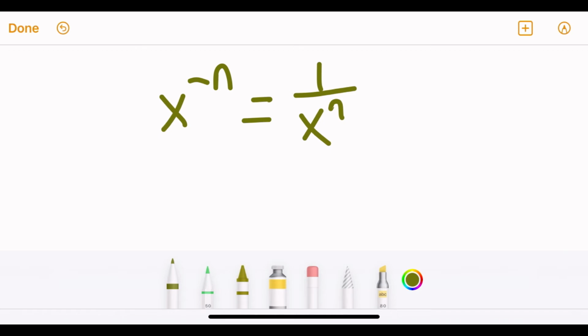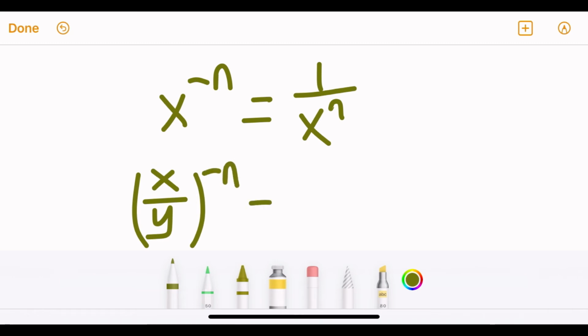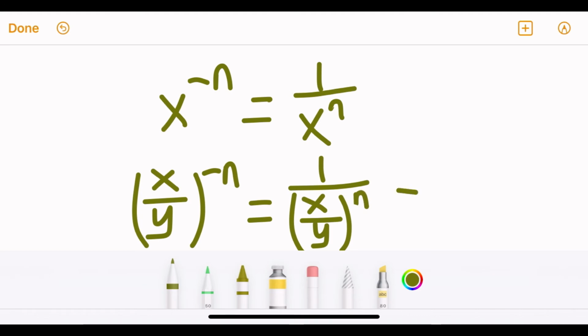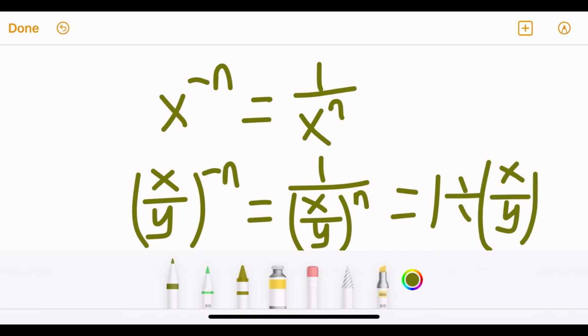Let's now let the base be x over y instead of just x, to the power of negative n. We can just substitute x over y for x, so that will be 1 over (x over y) to the power of n. That is 1 divided by (x over y) to the power of n.